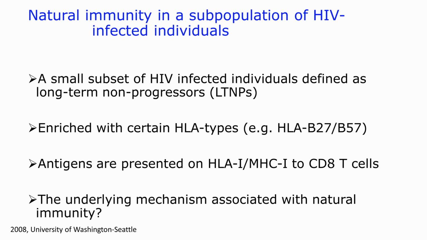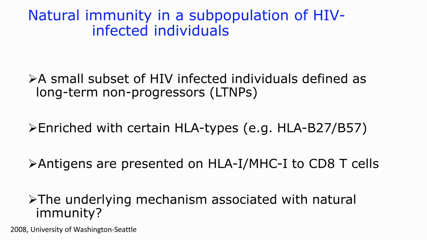So this was fascinating, why they are kind of protected. But one thing was known at that time, that these individuals are enriched with certain HLA types, specifically HLA-B27 and HLA-B57. And we know that HLAs are very important in terms of antigen presentation. Antigen, as you remember, on those antigen-presenting cells, dendritic cells, they process antigen and bind it to MHC, which in mice we call MHC, in human HLA, and then they present it to T cells.